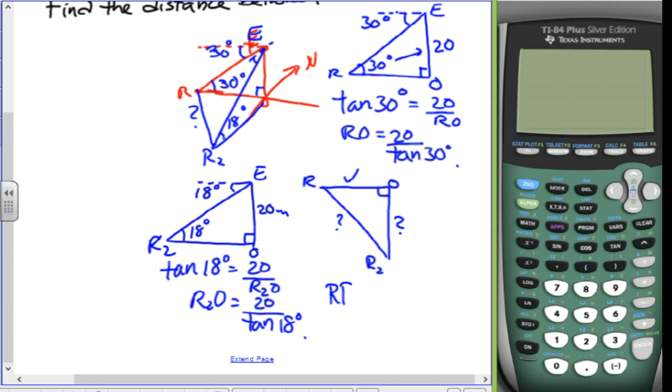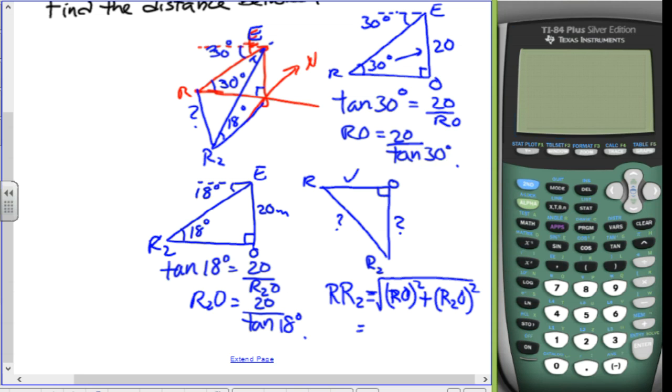Now, by Pythagoras' theorem, RR2 is equal to the square root of RO squared plus OR2 squared.